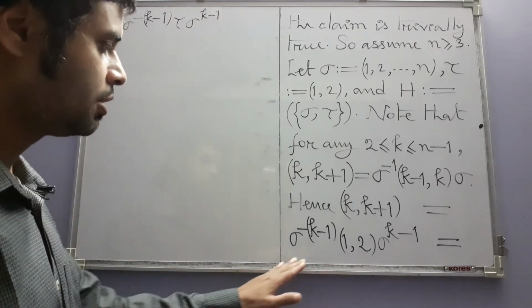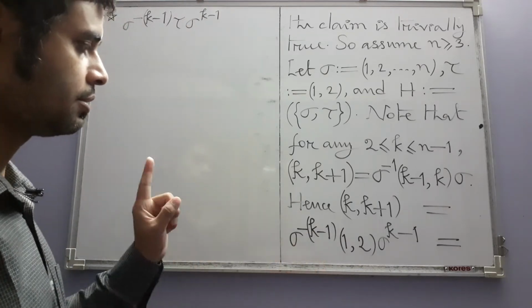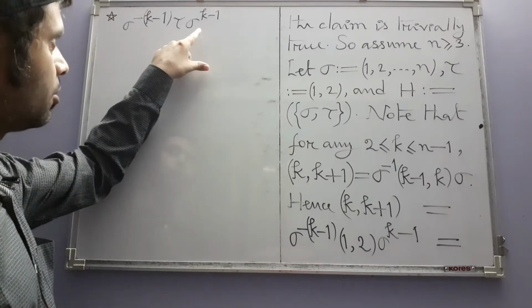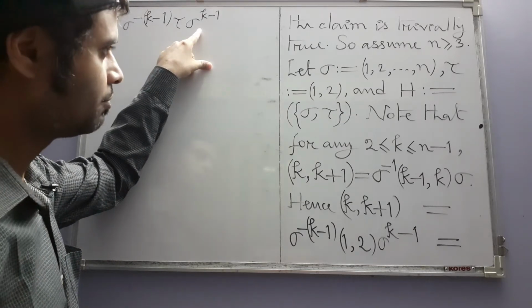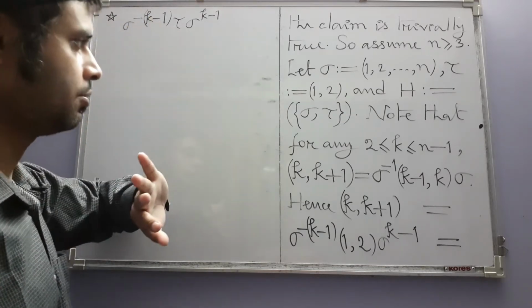But the curious thing we notice is that in this product the elements involved are sigma and tau.